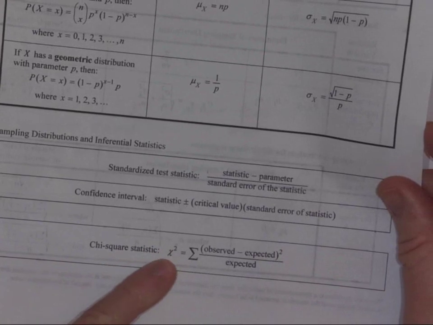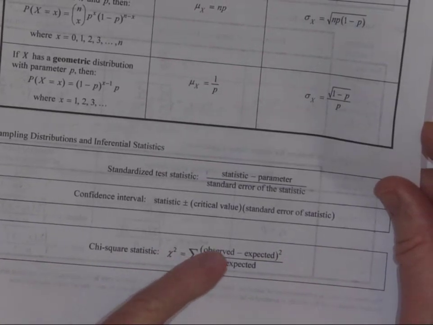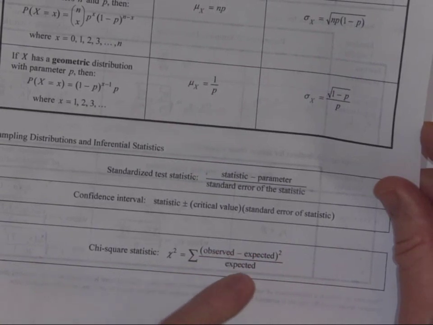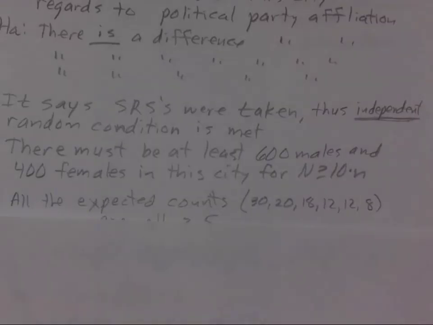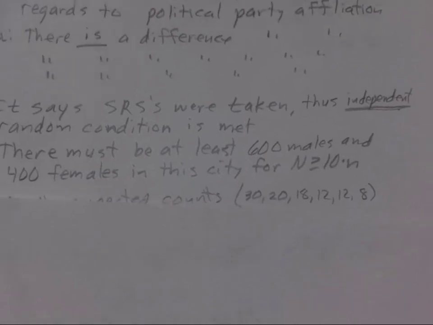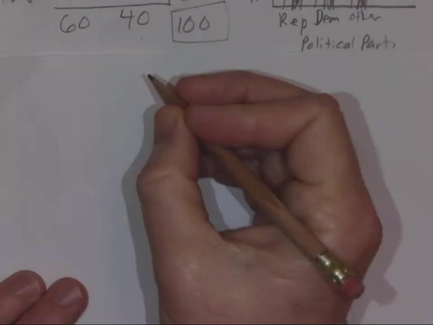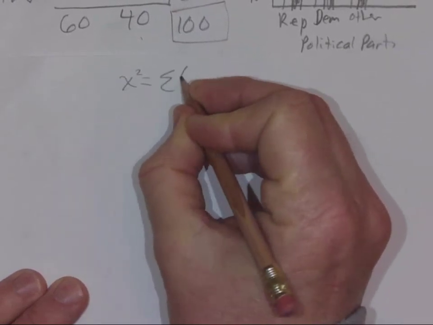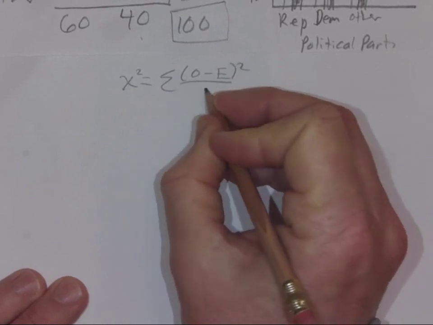The chi-squared, and that's not an x, call it a chi, is equal to the sum of all my observed values minus my expected values, squared, over the expected values. So that's what I'm going to do, and let me show you how this is done by hand. To find my chi-squared test statistic, it is equal to the sum of my observed values minus my expected values squared over my expected.